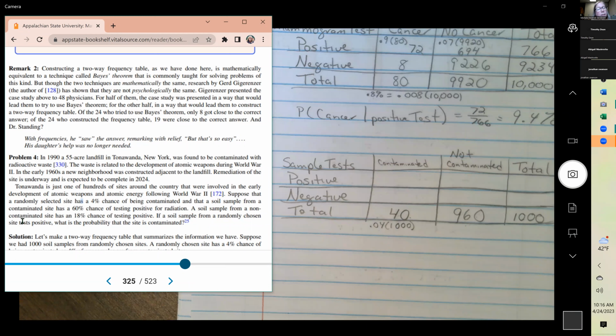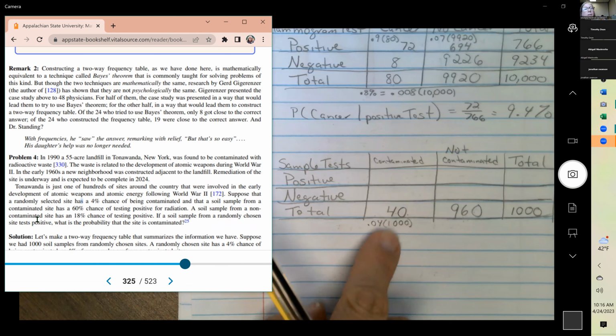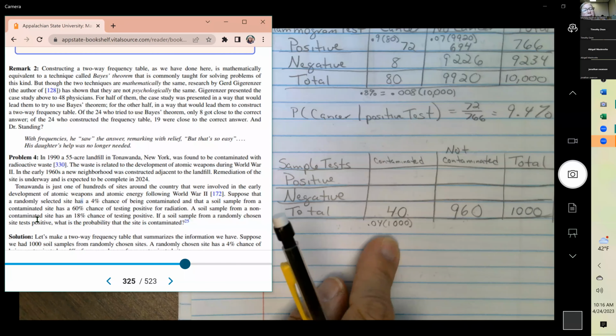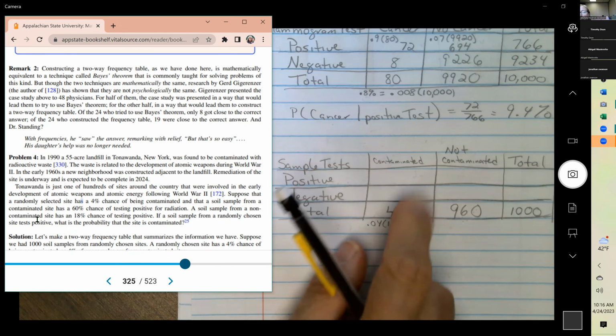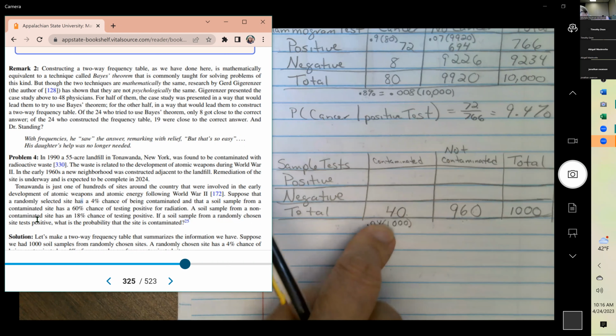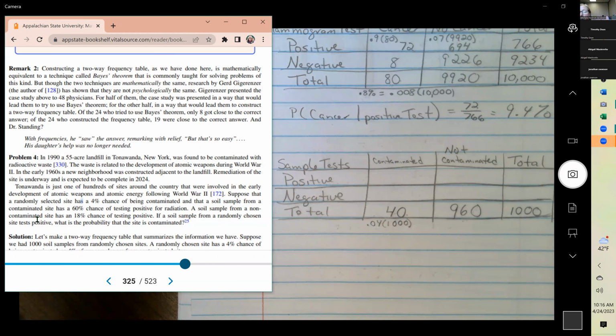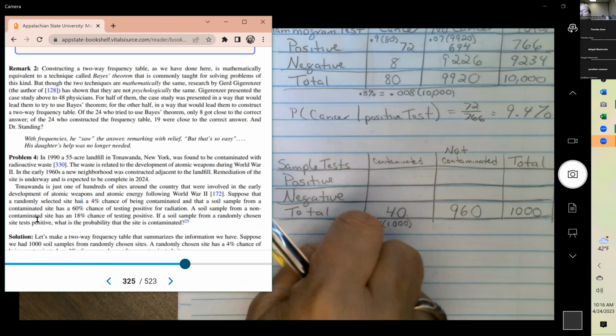Suppose that a contaminated site, so we're using that first column, has a 60% chance of testing positive. So contaminated site, 60% chance of testing positive. Go ahead and do this column.